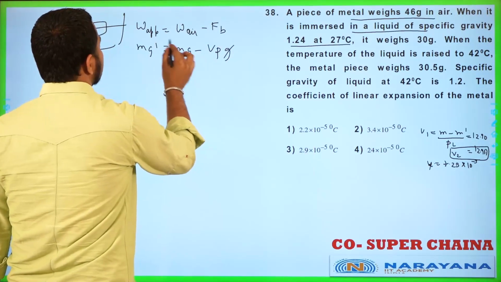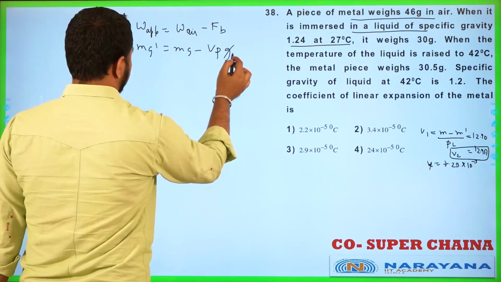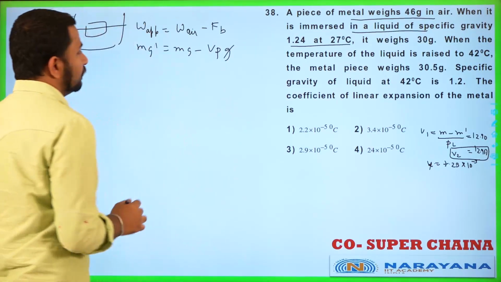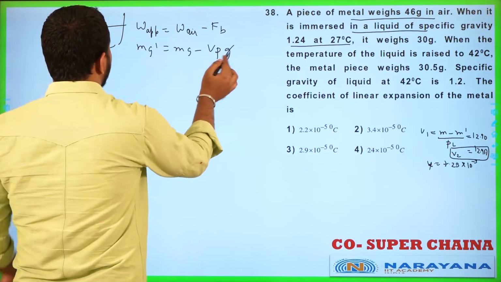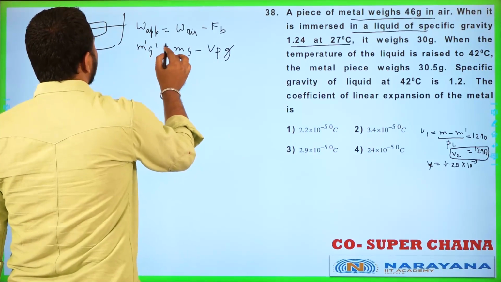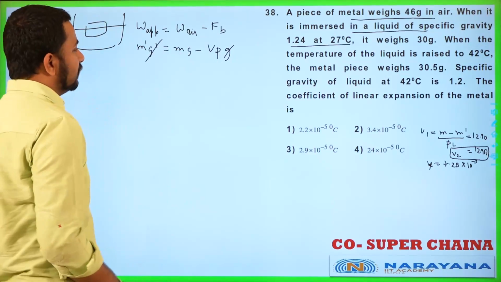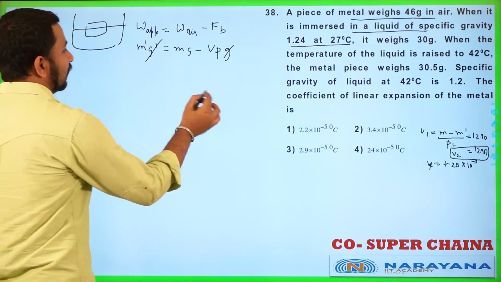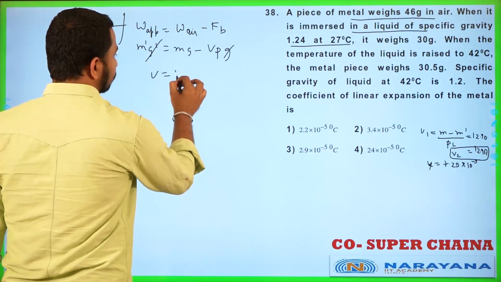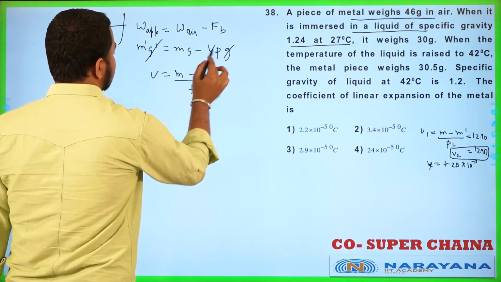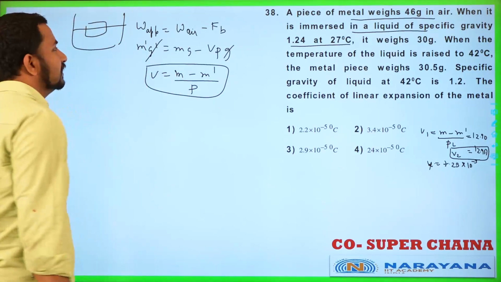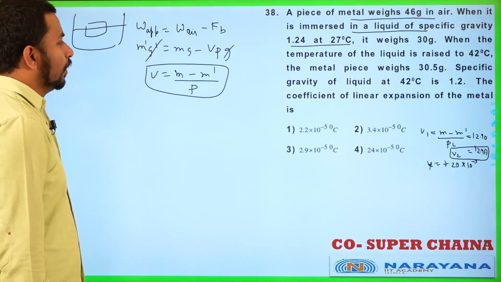If you cancel g from here, we will get v as (m minus m dash) by rho. This is the general formula which we are getting for volume.